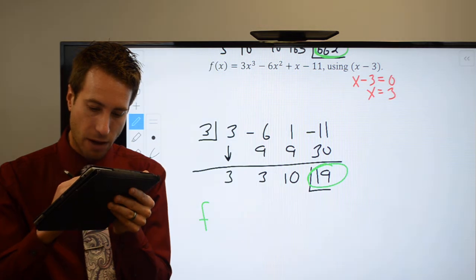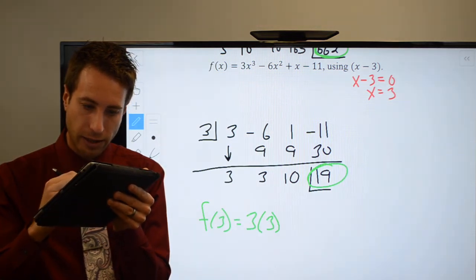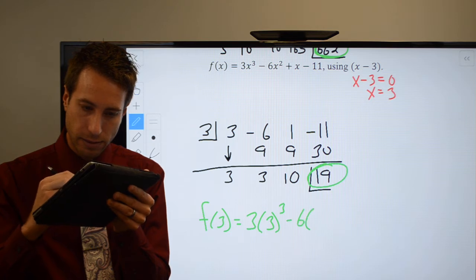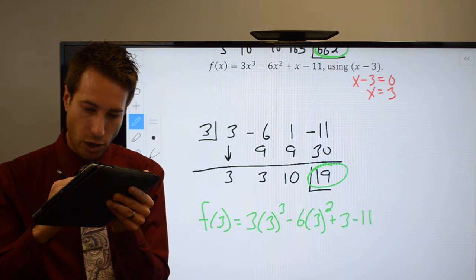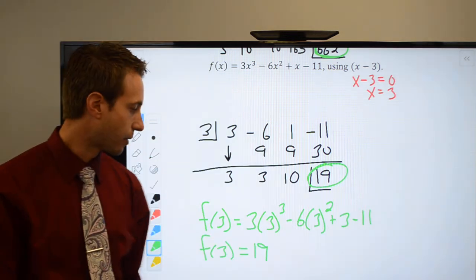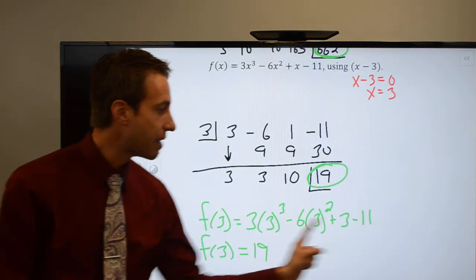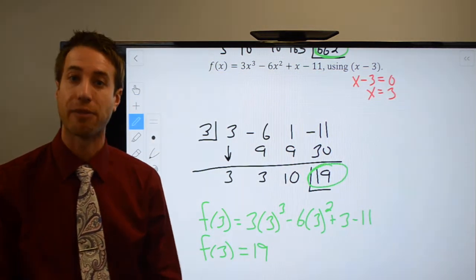So f of 3, if you did this on your calculator, you're going to get 19. This remainder is the answer you would get if you evaluate the polynomial at 3.